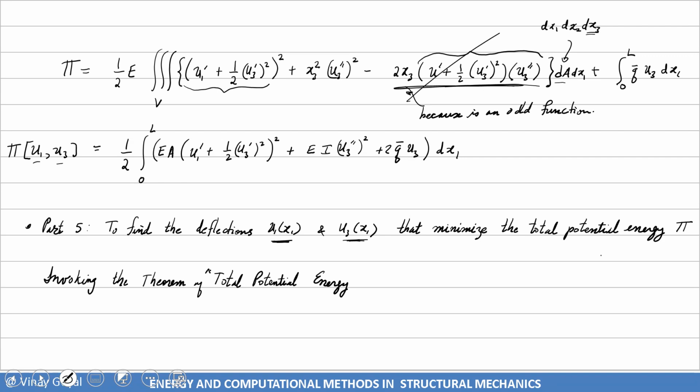And some people call it the minimum total potential energy. We invoke that, which tells us that the system is in equilibrium only if the first variation of pi is 0.